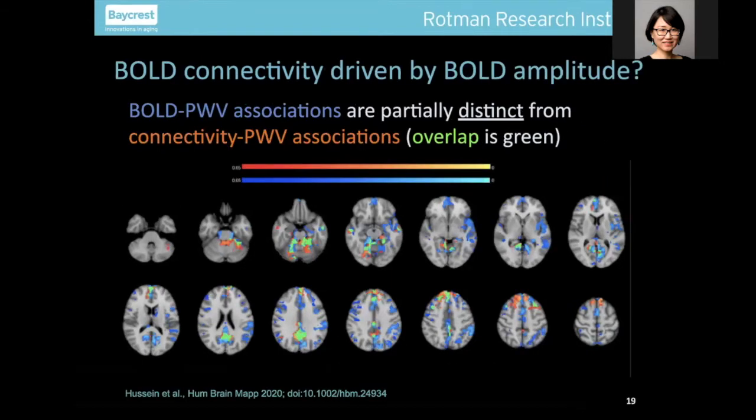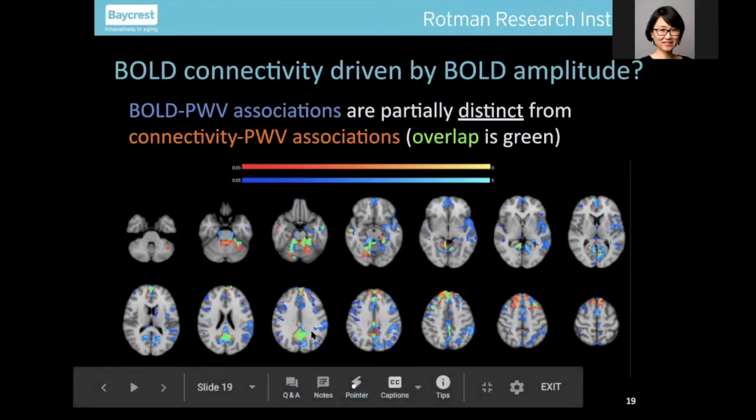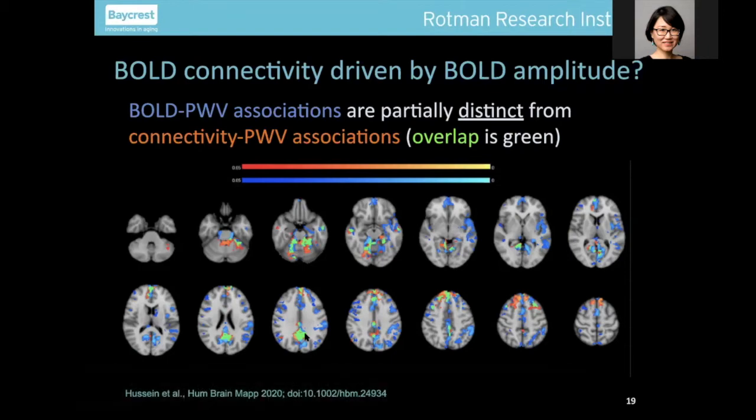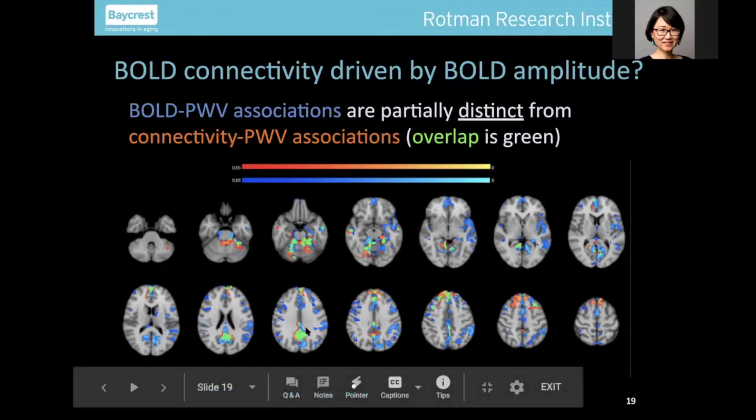If we look at how these two overlap, so the two maps that I showed previously, the green is the overlap. I mentioned this area, so you can see this is an area that overlaps between these two types of associations, meaning that this green area demonstrates lower BOLD signal amplitude with higher vascular stiffness, as well as lower BOLD functional connectivity with higher arterial stiffness, but this doesn't generalize across the entire brain.